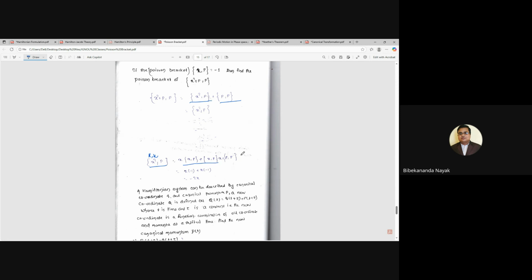So x into [x, p] plus [x, p] into x, plus [p, p], which is 0. Since [x, p] is minus 1, the answer is minus 2x. These are the two problems.